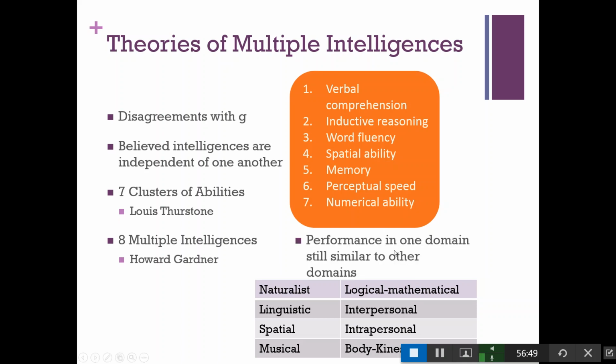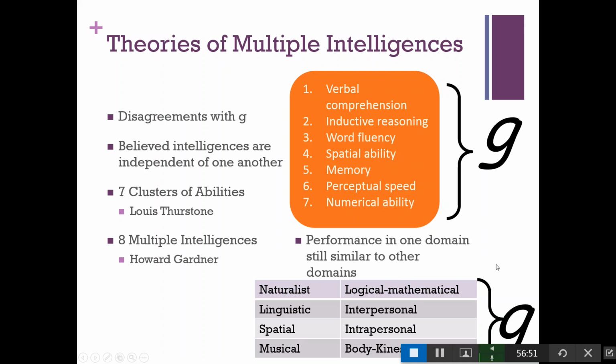Okay, so performance, though, does tend to, when you look at the research on this, when you measure people in all of these different areas, whether it be the 7 clusters of abilities or the 8 multiple intelligences, their performance in one domain, like verbal comprehension, tends to be similar to the other domains. So if they're good with verbal comprehension, they have better memory, they have better spatial ability, and so on and so forth.